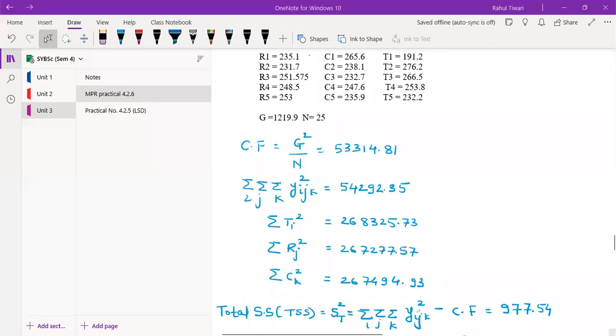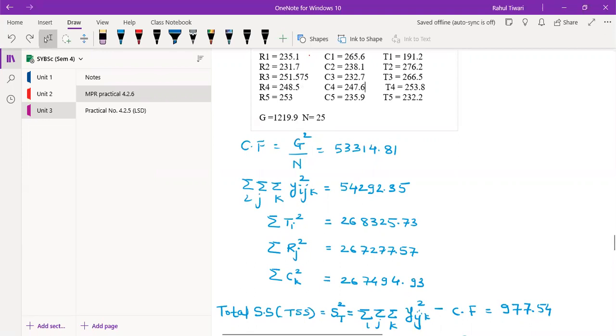So once you get these answers, you can calculate the grand total, and you can calculate the correction factor using G square. There will be changes in C4 also. How much is coming in C4? 247.575. You changed R4, so C4 changes: 248.5 for R4.